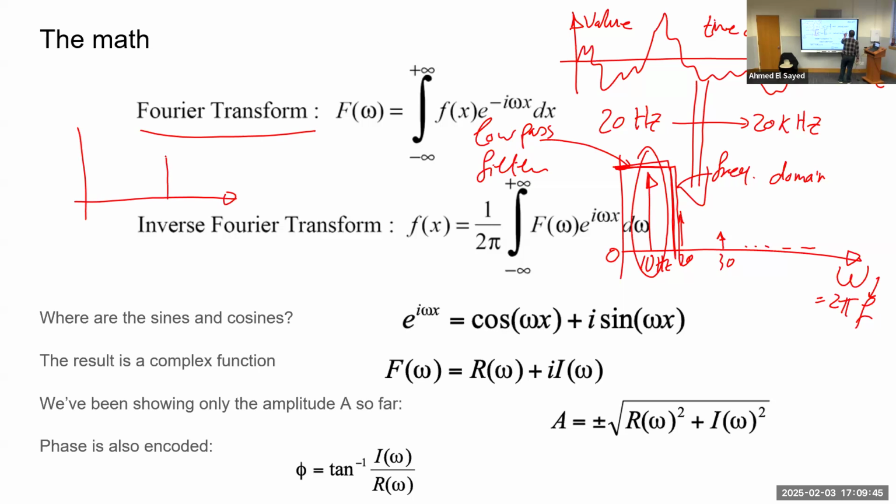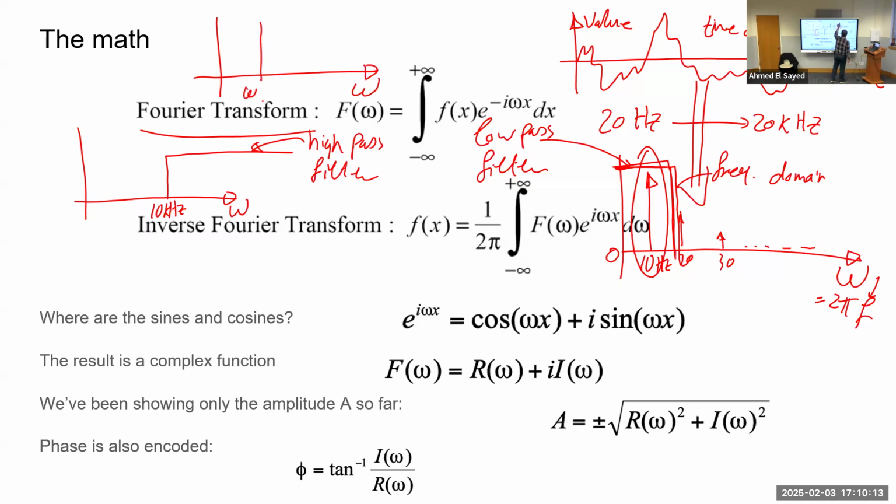If it starts from a higher range, like 10 kilohertz, and goes up to infinity, this is called a high pass filter. Again, this is omega. If it starts at a specific frequency and stops at another frequency, we call this a band pass filter.